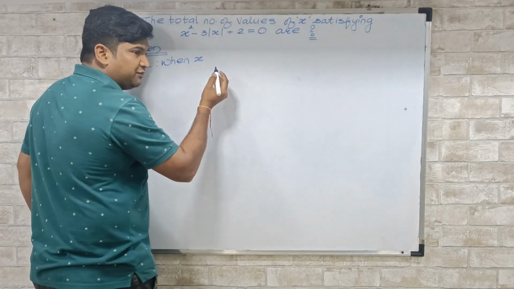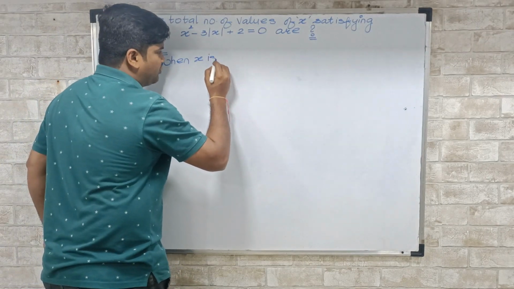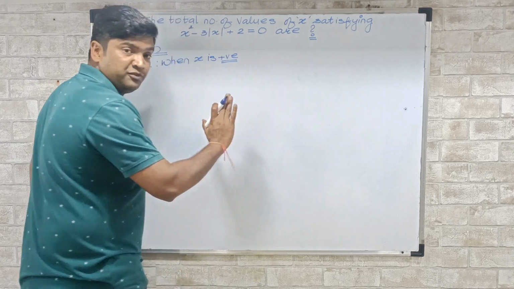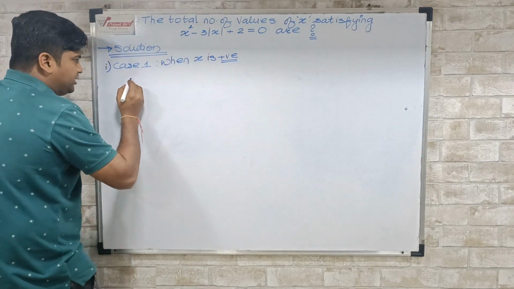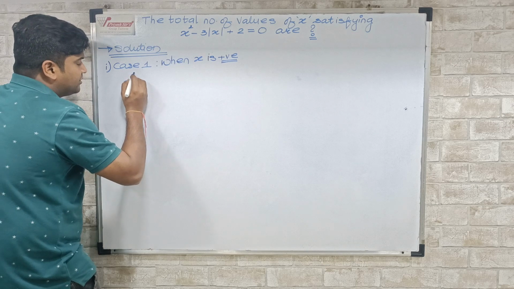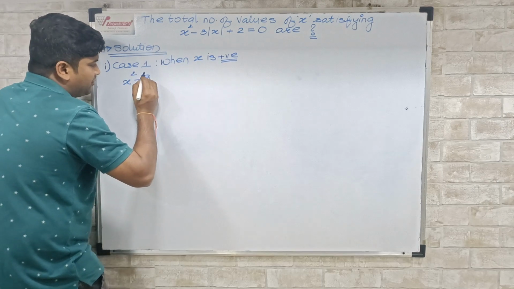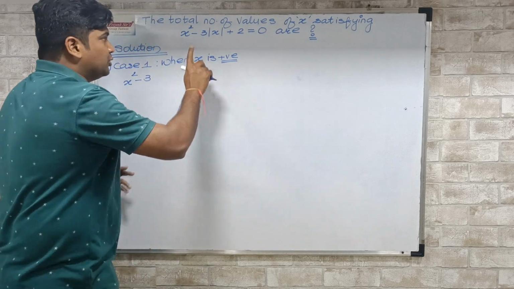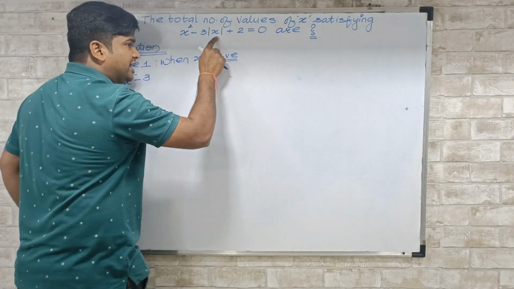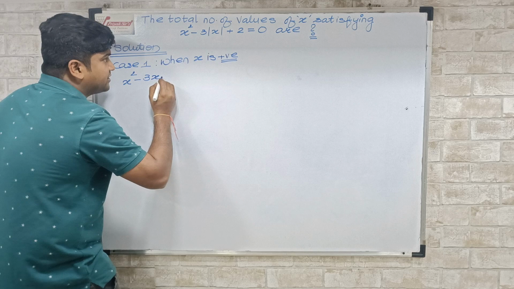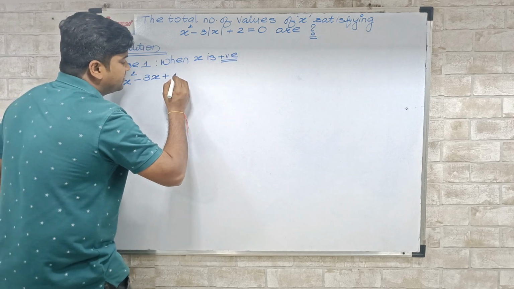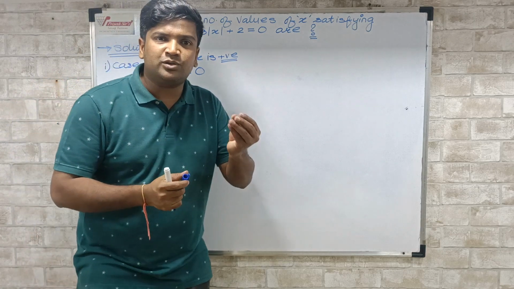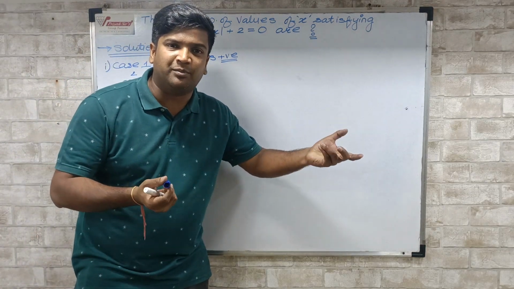So in simple language, when x is positive, our quadratic equation, what is x square minus 3? Remember, x का value positive है, so minus 3 into plus x will give me minus 3x plus 2, which is equal to 0. अभी ये तो simple quadratic equation बन गया बेटा.